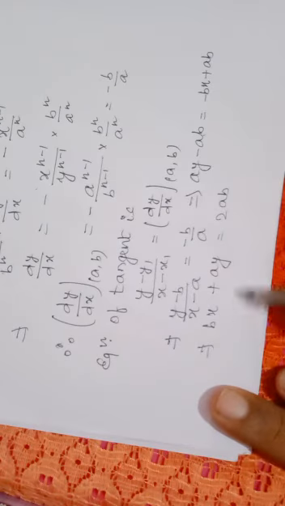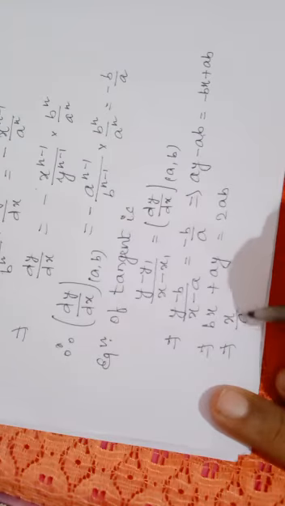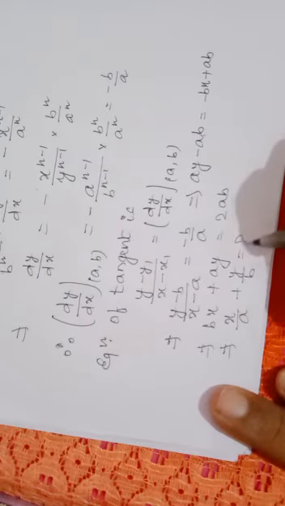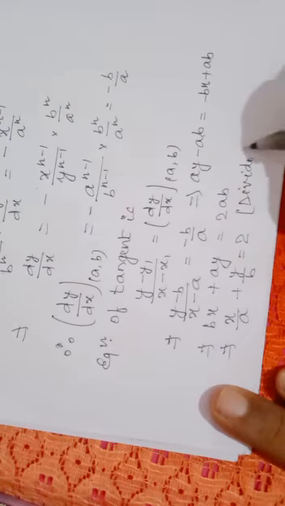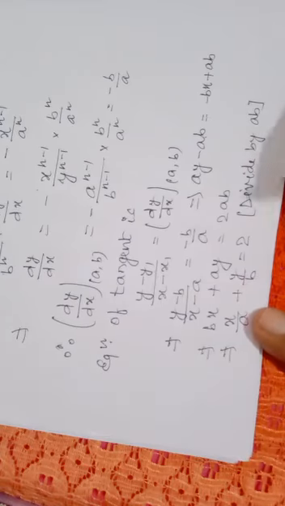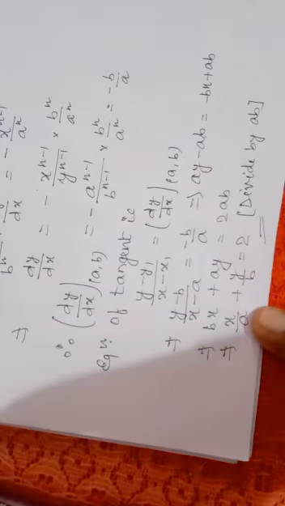Divide both sides by ab, then x/a + y/b is equal to 2. Hence, this is your result.